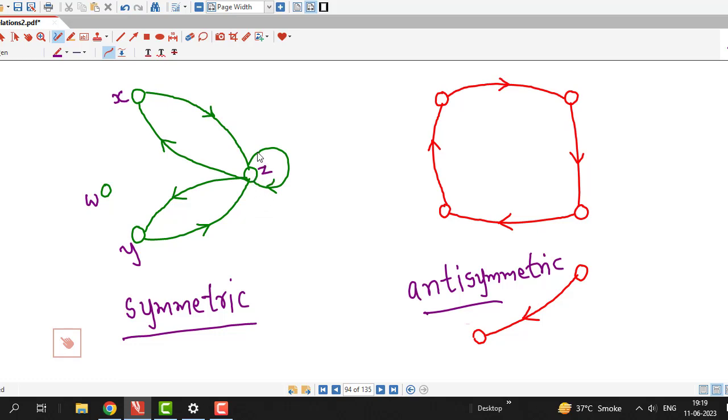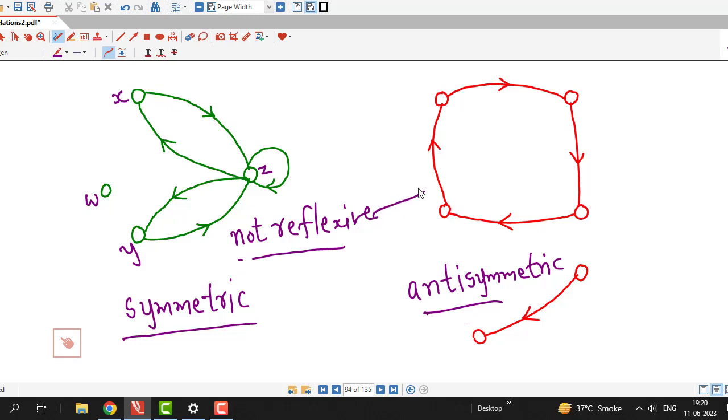And here there is a loop at this vertex only. There are no loops at X, Y and W, so this relation is not reflexive, because X is not related to itself. Similarly, Y and W are also not related to themselves.